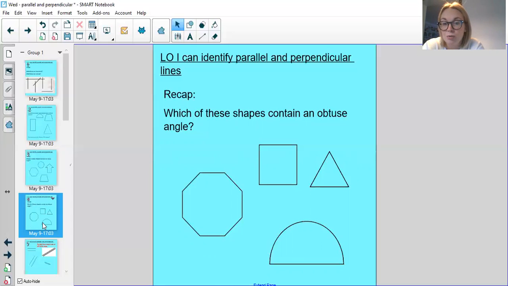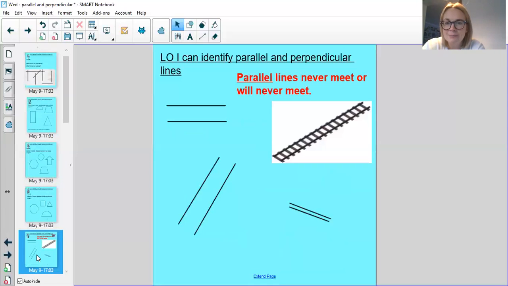They are 2 acute angles. And then finally, in the octagon, your 8-sided shape, you have got all obtuse angles, no acute and no right. So let's move on to today's learning.